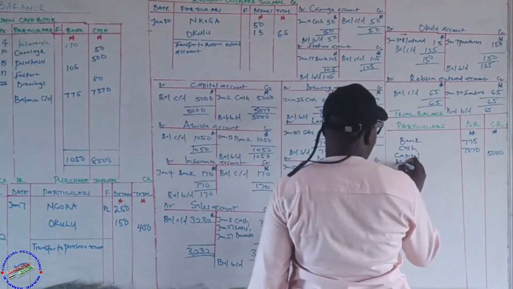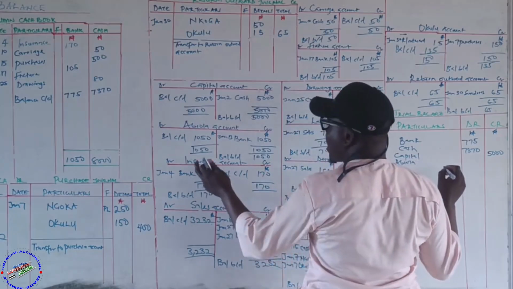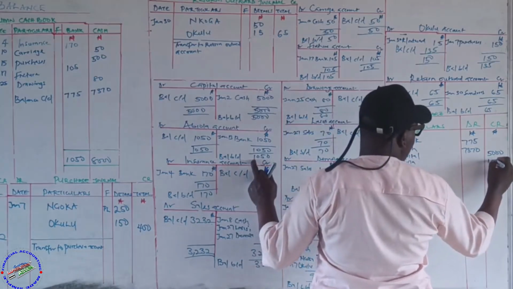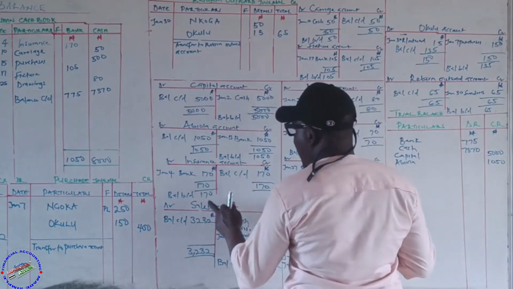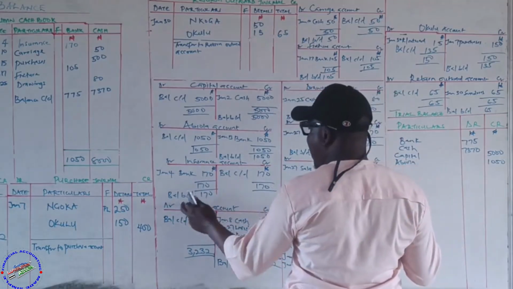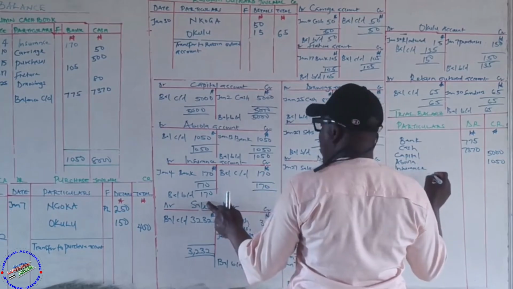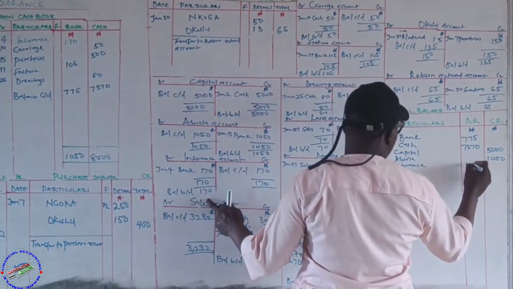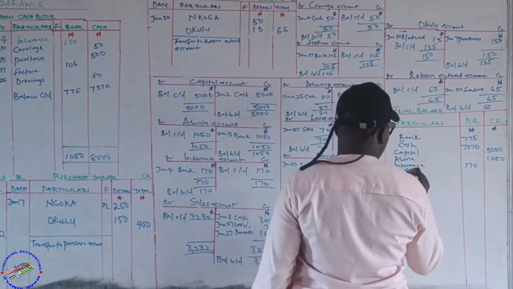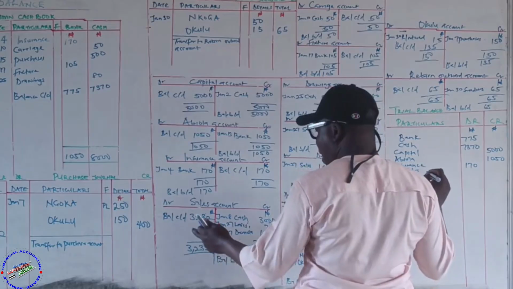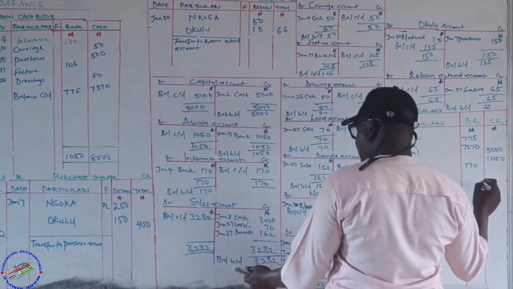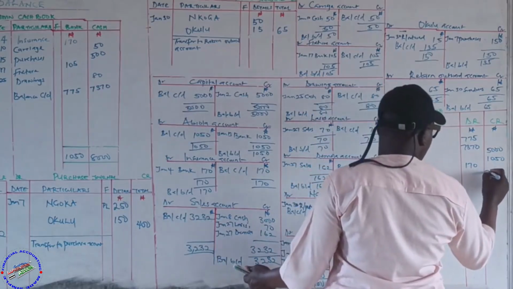Abiola has its balance brought down on the credit side. That is 1,015 naira. Insurance, balance brought down on the debit side. Insurance, that's 170. Sales, balance brought down on the credit side, 3,232.